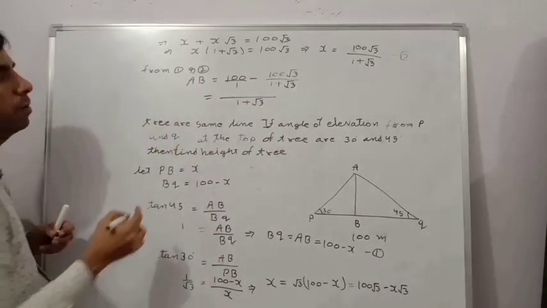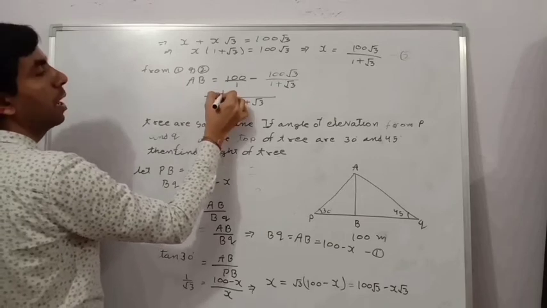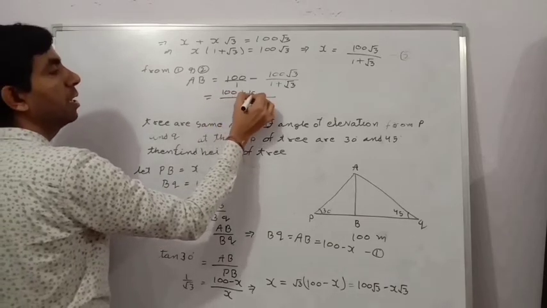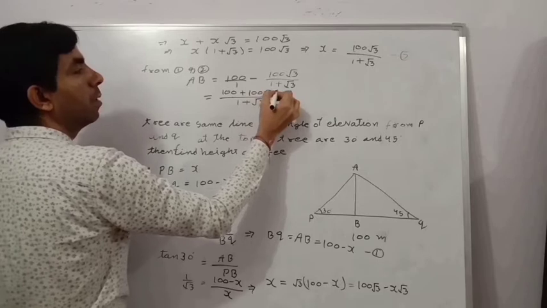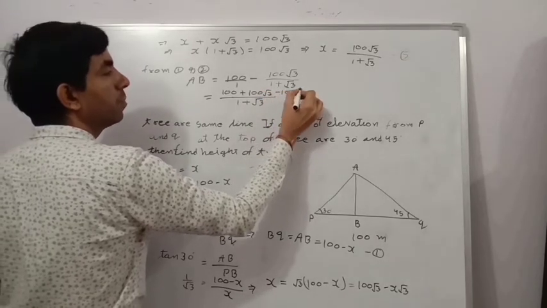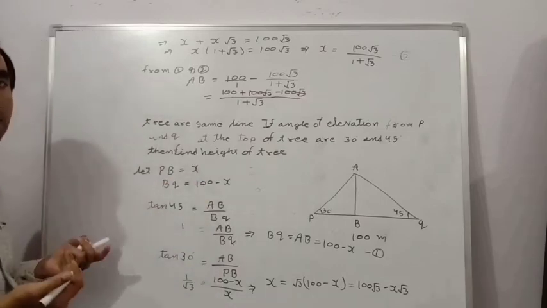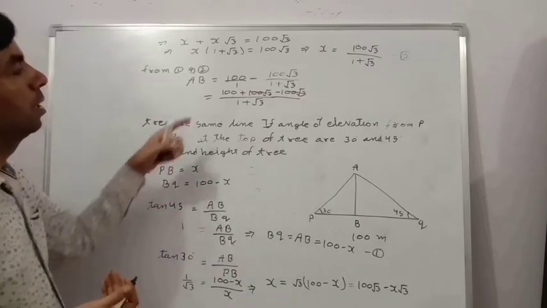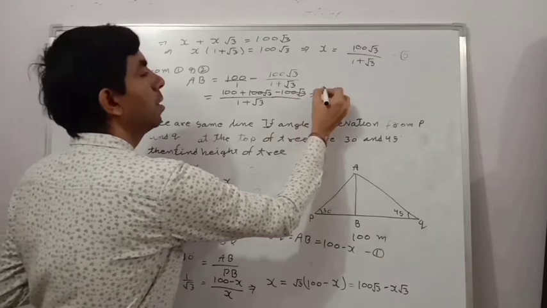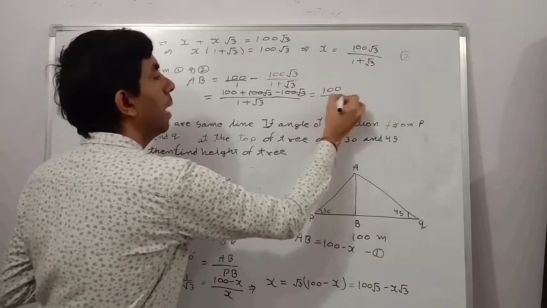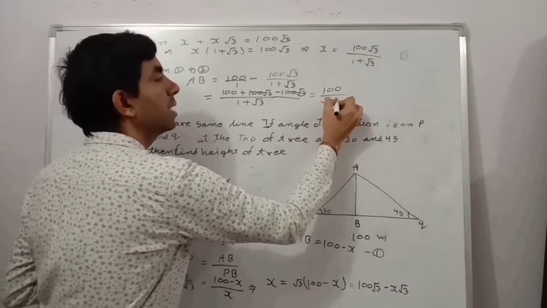Multiply 100 by 1 plus root 3. Then we get 100 plus 100 root 3 minus 100 root 3. Means 100 root 3 cancels, because one is in addition and one is in subtraction. We have the answer: 100 upon root 3 plus 1.